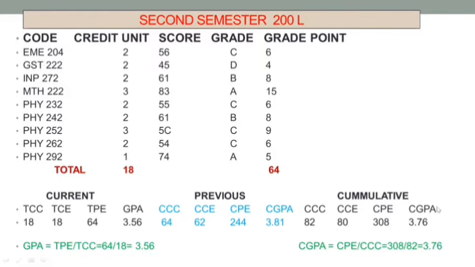So our CGPA will be what? 308 divided by 82, which is 3.76. The candidate previously was on 3.81 and his current result, second semester 200 level, 3.56. So the candidate is dropping. Now his cumulative is 3.76. So from 3.81, now he's on what? 3.76. So this candidate is dropping gradually. So let's look at other one.